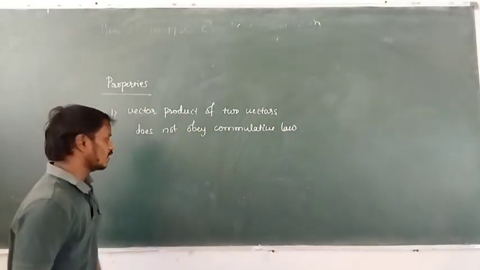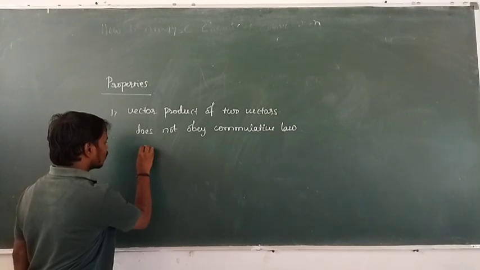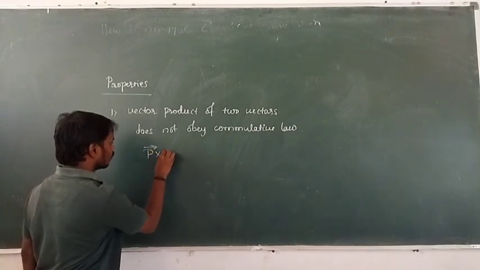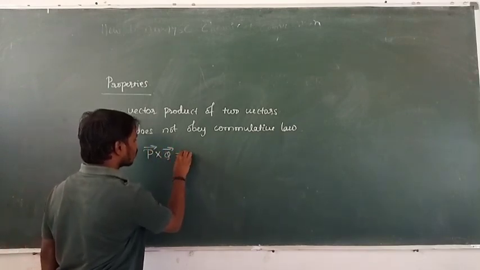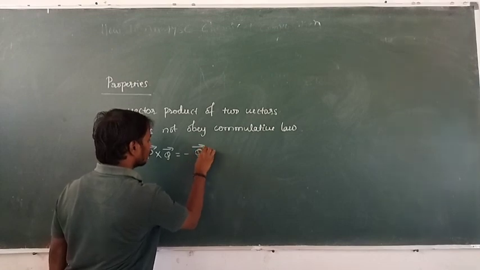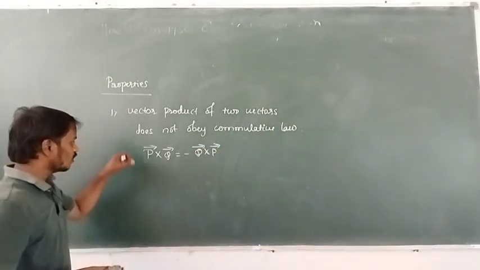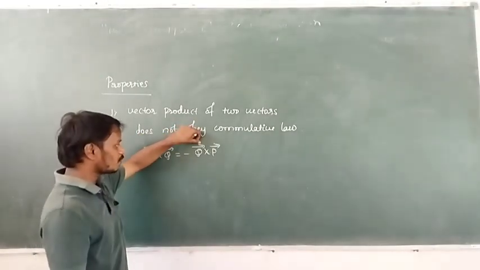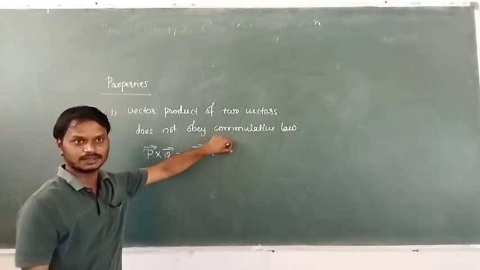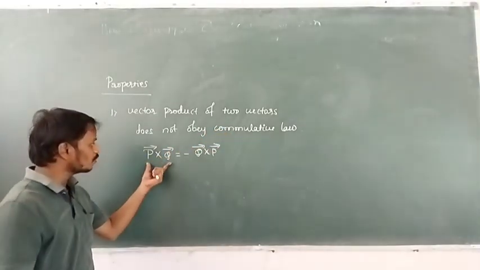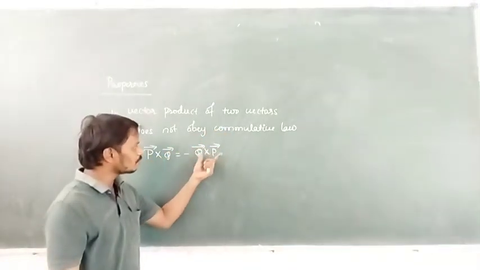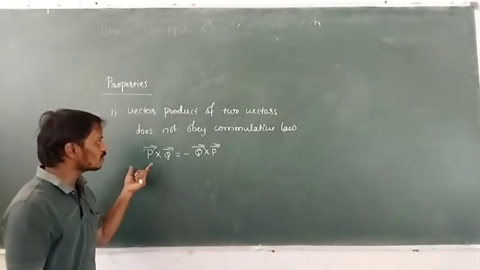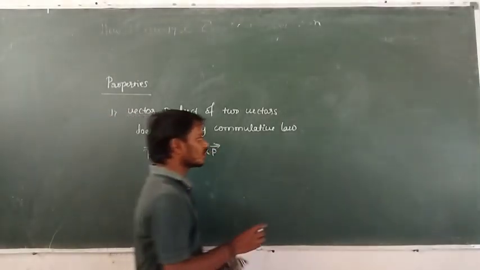Say P cross Q is equal to minus of Q cross P. So what it means? The cross product of P and Q is not equal to the cross product of Q and P. Okay, see. P cross Q is equal to minus of Q cross P. Hence, it does not obey the commutative law.